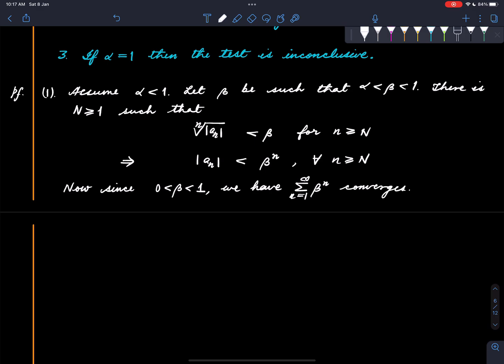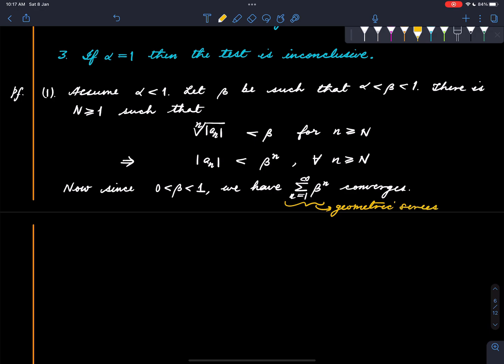Why is that? Because this is the geometric series that we discussed in the previous lecture. Geometric series converge if the thing that we are using to exponentiate has absolute value strictly less than 1, which is happening in this case.